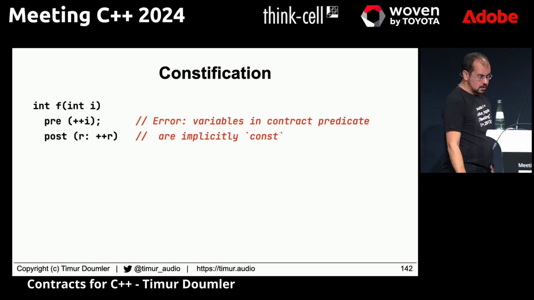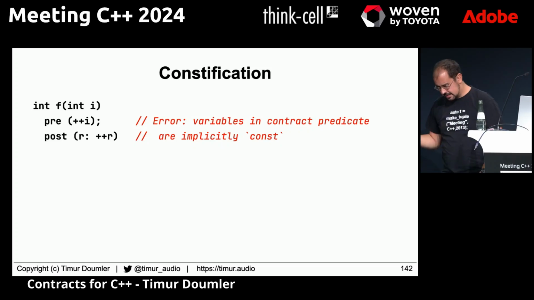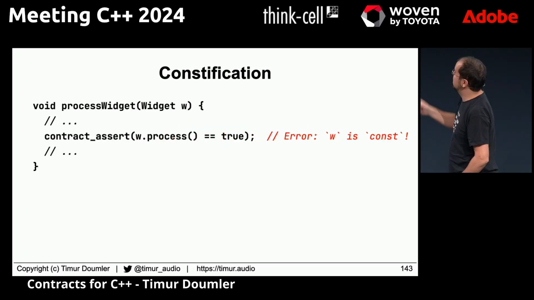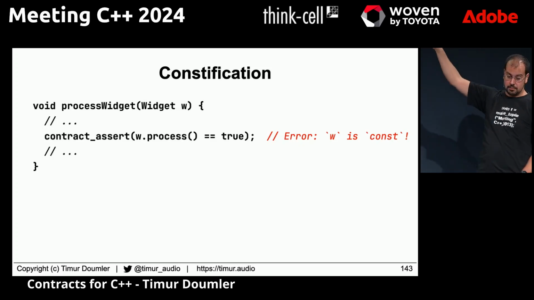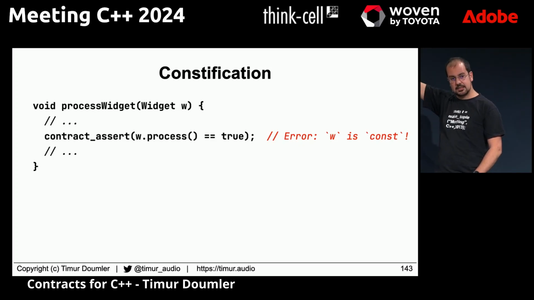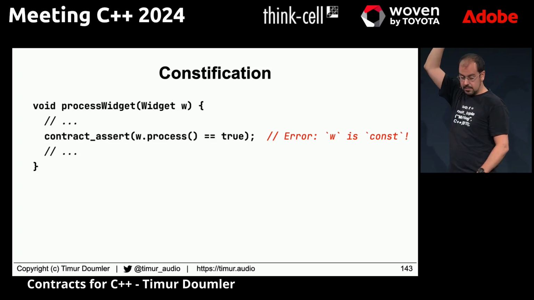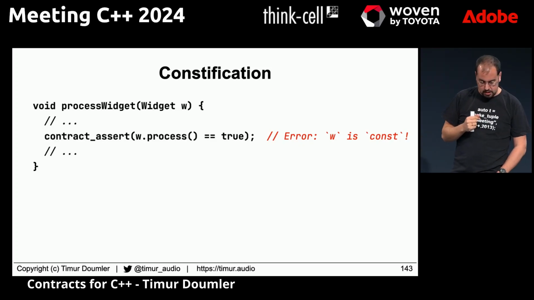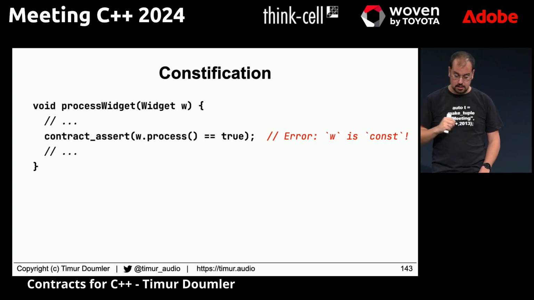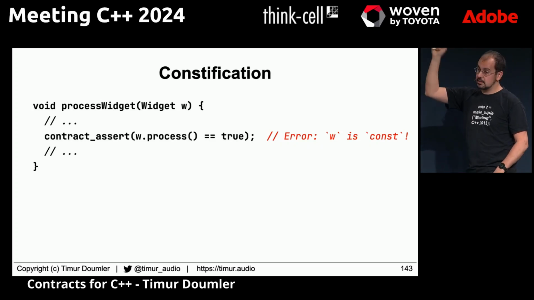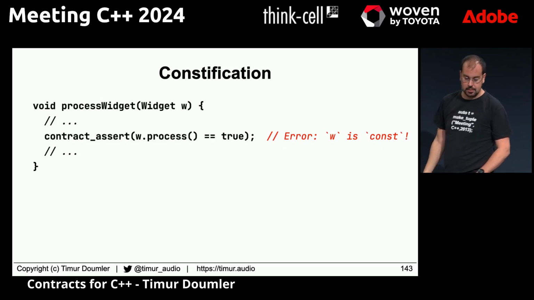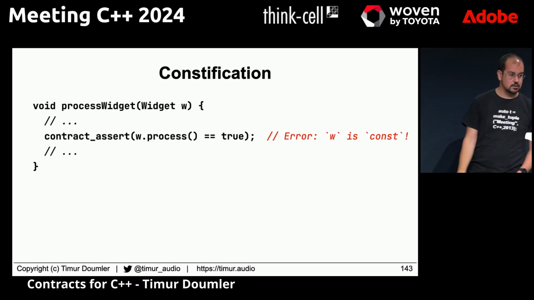And that prevents a really, really common bug where people don't understand that you can turn assertions off and they put something meaningful in there, like process, do this thing inside the assertion and then make sure it's true, and then they are confused because you turn the checks off and then the process no longer happens. So with constification, this is going to fail at compile time because process is not a const member function.